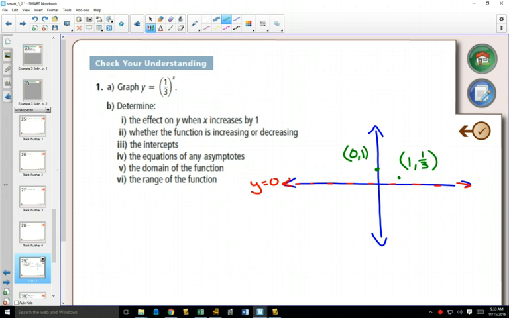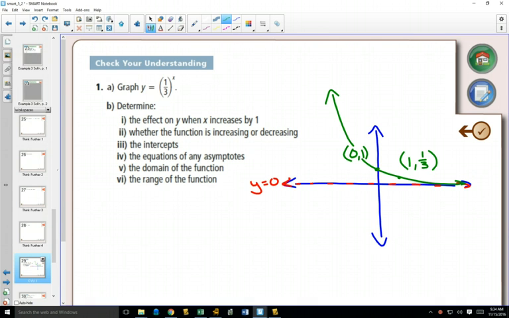It has to be going down, because the only way that you can go to these points is down like that. So I guess that determines that our shape is going to look like that. Once we've got the graph, we can answer each of these questions. What is the effect on y when x increases by 1?